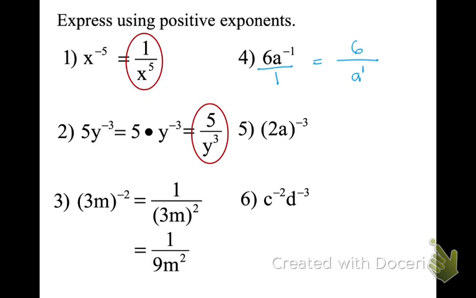And 6 stays high. What drops down? Everything. It stays in the parentheses until I simplify it. And so we get 1 over 2 to the third power, which is 8, and a to the third. And now, very important, remember it's 1, so I'm going to go 1 over c squared d to the third.